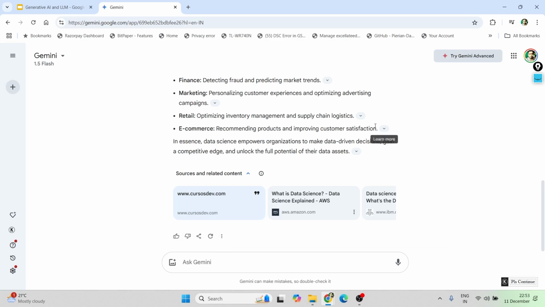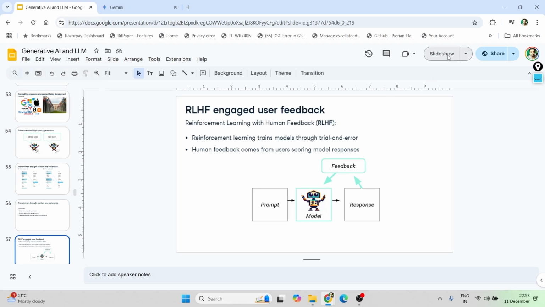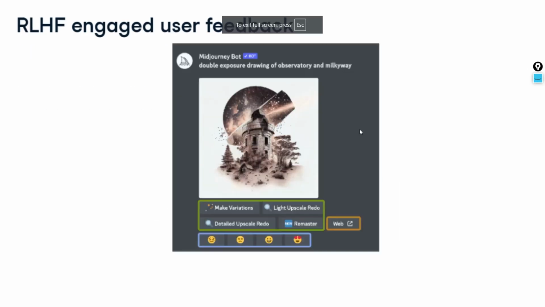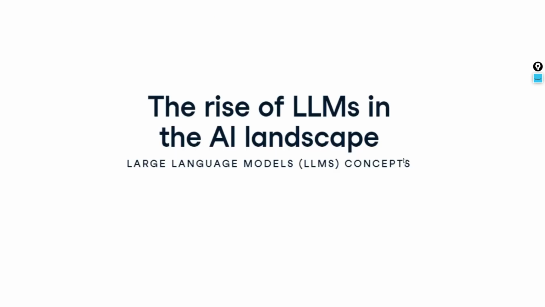This is all about the factors which contributed to generative AI. Even if you're using Midjourney or any other applications nowadays, we have this RLHF, which basically takes the user feedback.